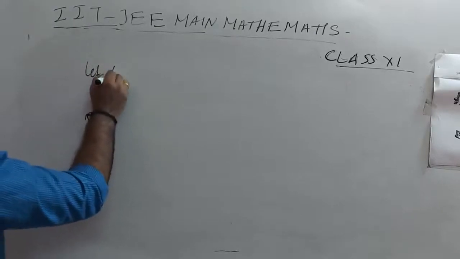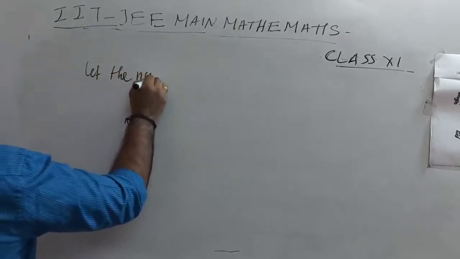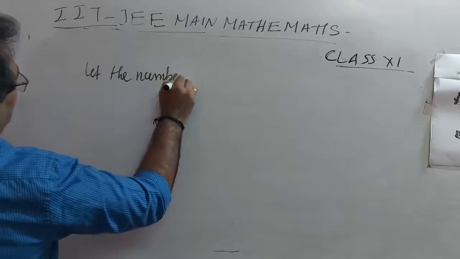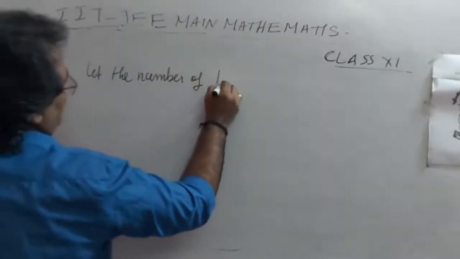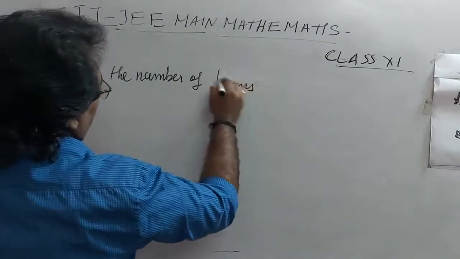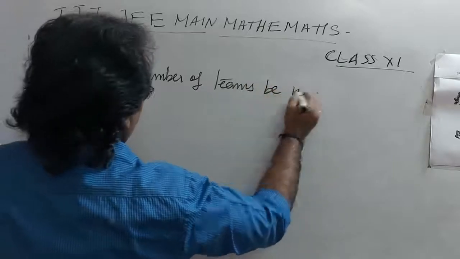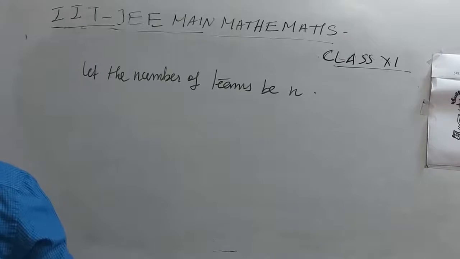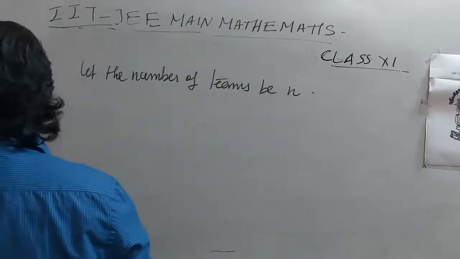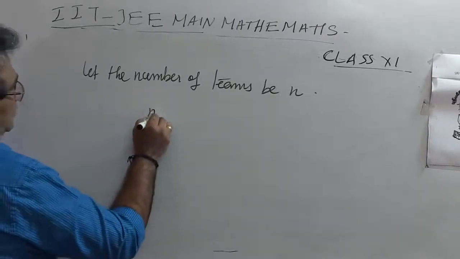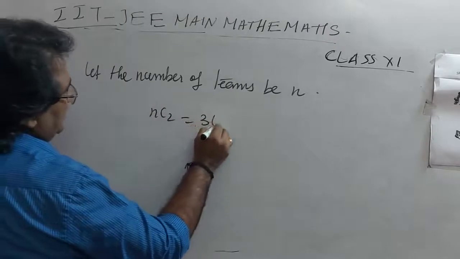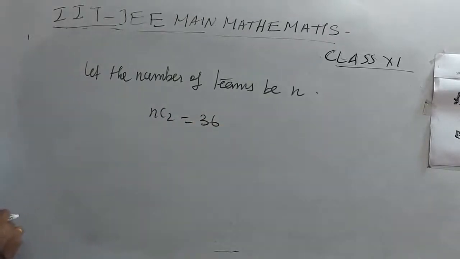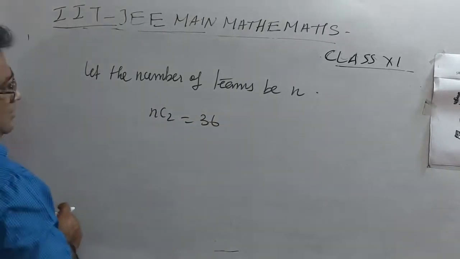Let the number of teams be n. So nC2 equals 36. Total number of games is 36.